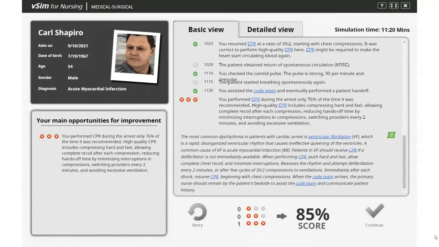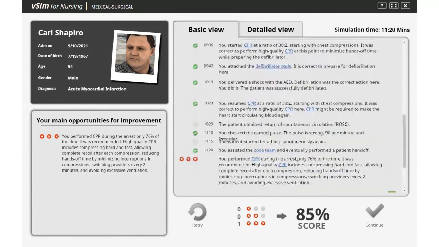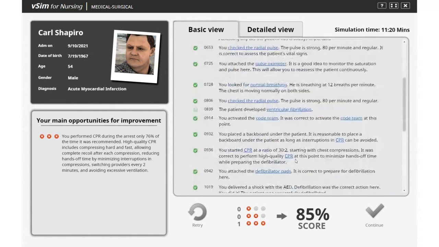Well, I need to go back to my data, and Brandy, if you could just scroll back and look at the time stamp. Oh, that's too far. Just when he went into cardiac arrest. You can see at 0839, the patient developed vFib, but we did not call the code team until 9:14, right?